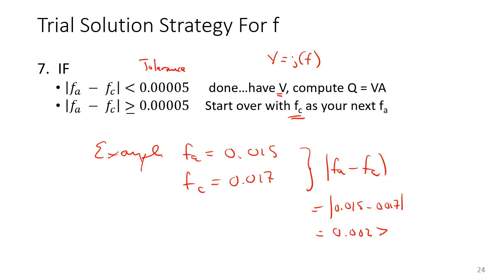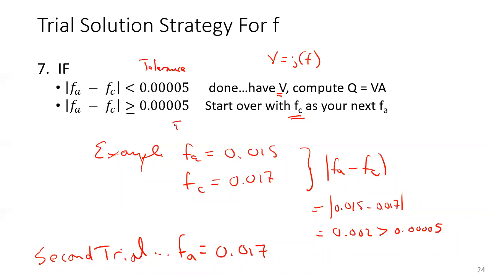And that is greater than the tolerance. And so for the second trial, make that last guess your next guess, your last computed value, your next guess. So this is the first trial.